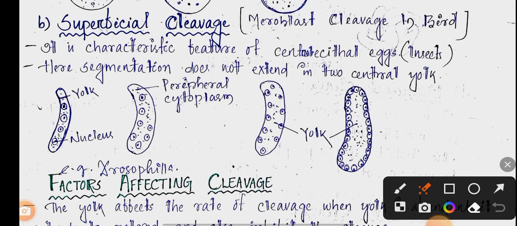Here segmentation does not extend into the central yolk, where the yolk and nucleus are present. This is the peripheral cytoplasm. It is found in Drosophila melanogaster, which is the scientific name of the fruit fly.